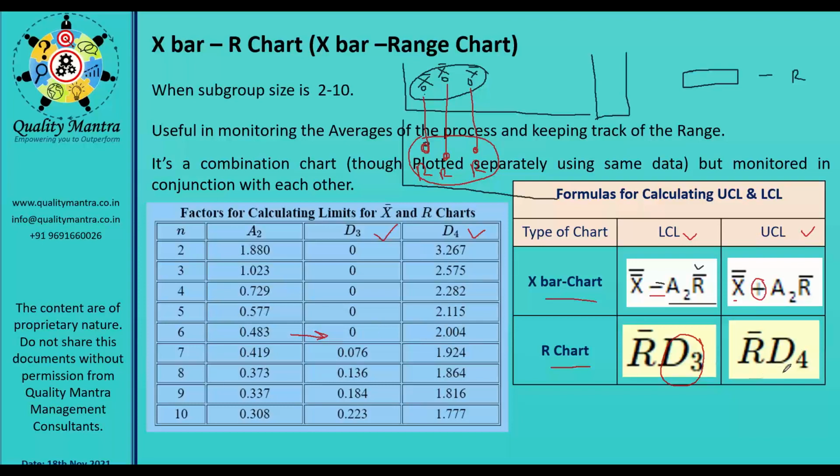Above that, there will be some value for the LCL. Otherwise, LCL will be 0. And for UCL, you take D4. Now, in our example, we are taking a subgroup size of 4, so you are going to take the constants like this.